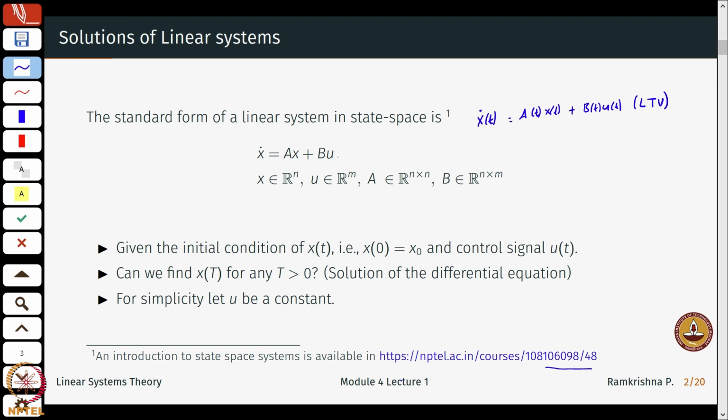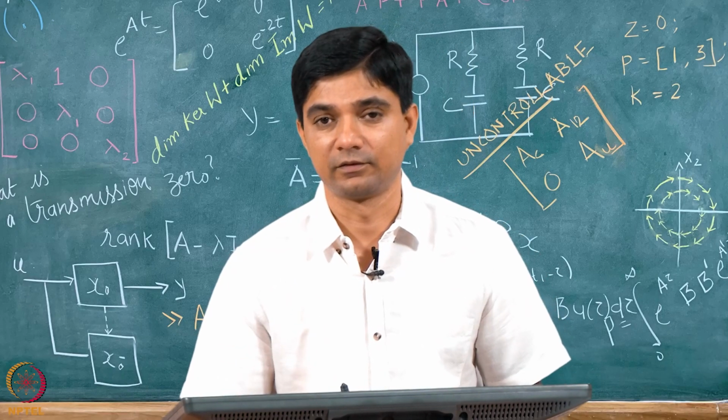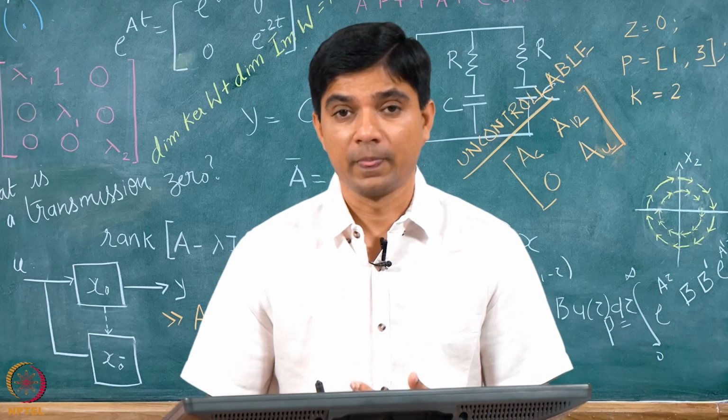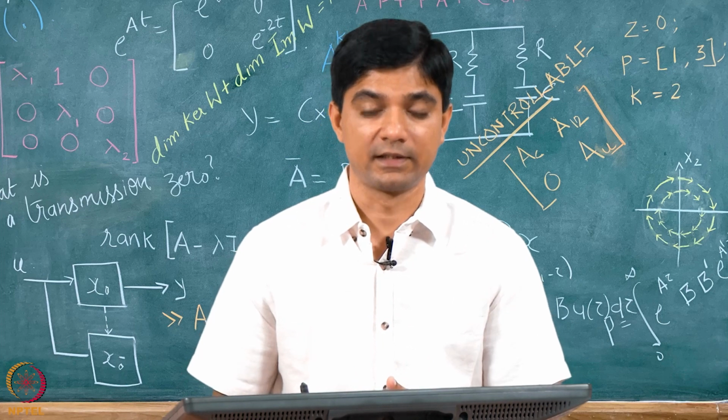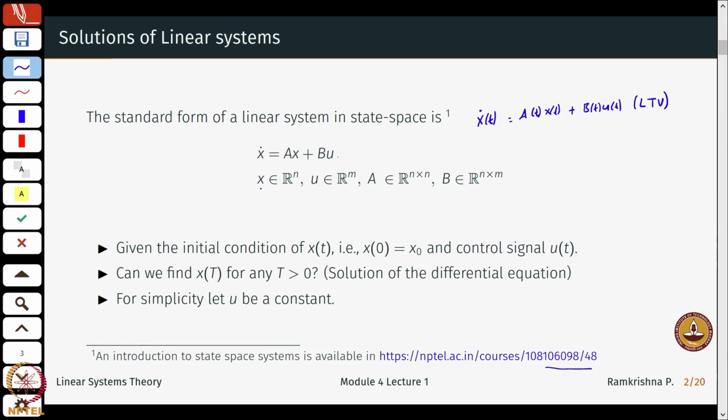I would not want to redo that because it is very similar to what we did over there. So, we will assume that we know how to construct state space models x dot equal to Ax plus Bu, where x is a state vector, u is an input, A is a system matrix, and B is the input matrix of appropriate dimensions.